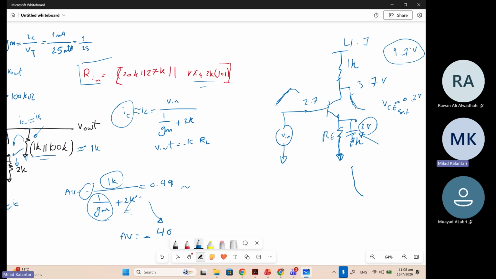We have a big cap at the emitter, right? The big cap basically means that it is not changing. It is difficult to change the AC voltage over the big cap. There is not much AC signal on the big cap. Only the DC is there.